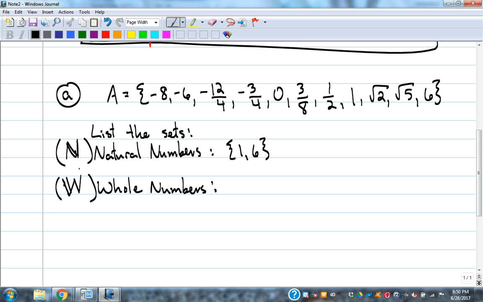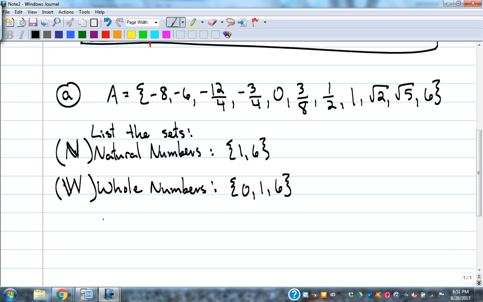Now, remember, if you're a natural number, you have to be a whole number. What else does the whole numbers add? 0. And 0 is an element of A. So our set is 0, 1, and 6. Natural numbers, smaller set than whole numbers. Makes sense, right? Whole numbers take the natural numbers and add 0 to them.